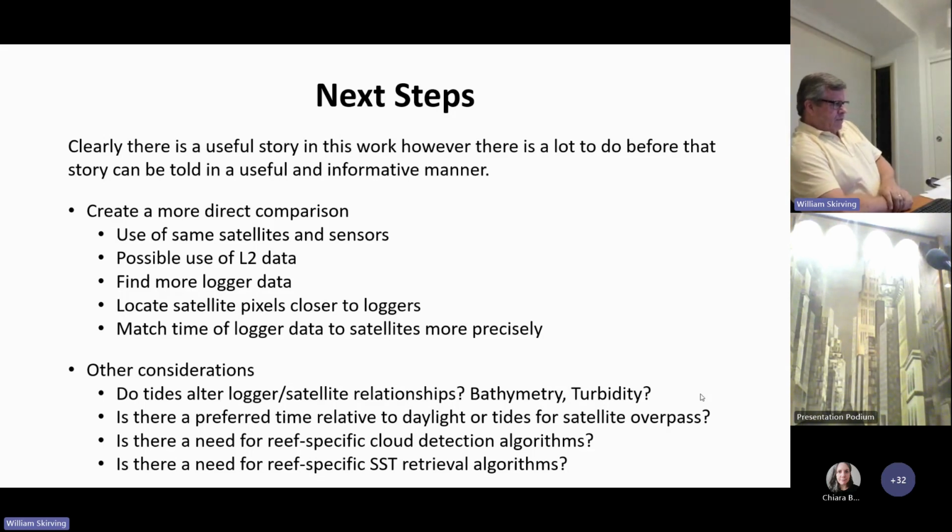Is there a preferred time relative to daylight or tides for satellite overpasses, for instance, over shallow water? Is there a need for reef-specific cloud detection algorithms? Maybe there is, and maybe, for that matter, there is a tide story in that. And of course, is there a need for reef-specific SST retrieval algorithms? There might be, and I'm not sure that our current comparisons will necessarily suggest that, but it's a question worth asking. So this is very early stages, and that's the beginning of it.